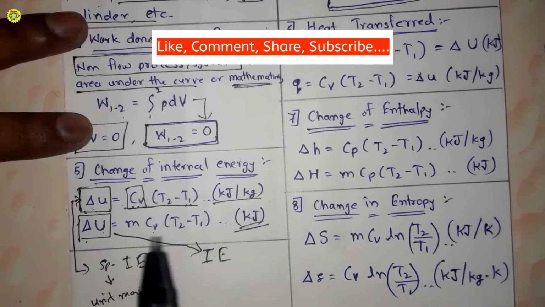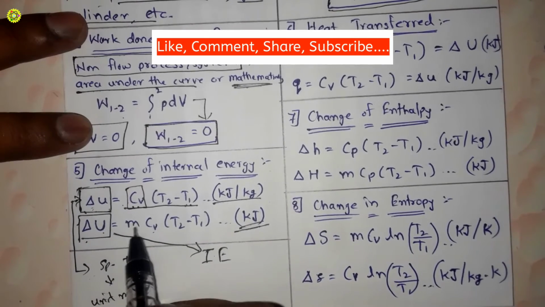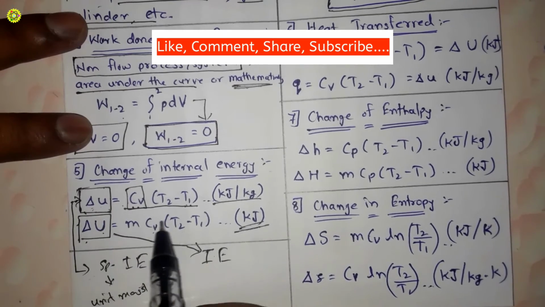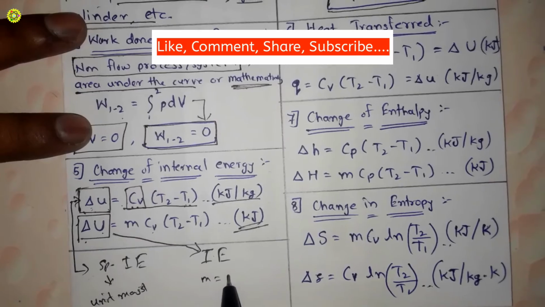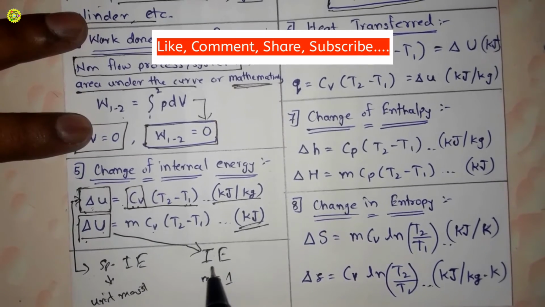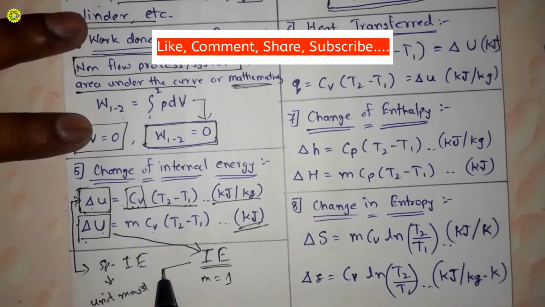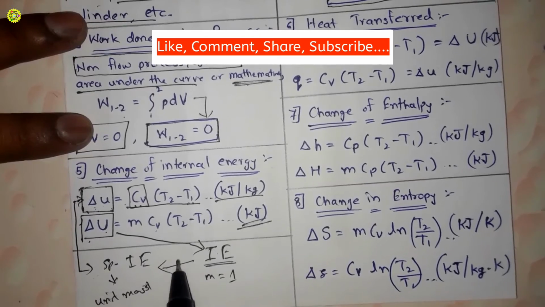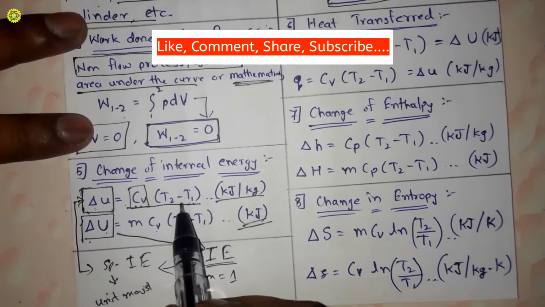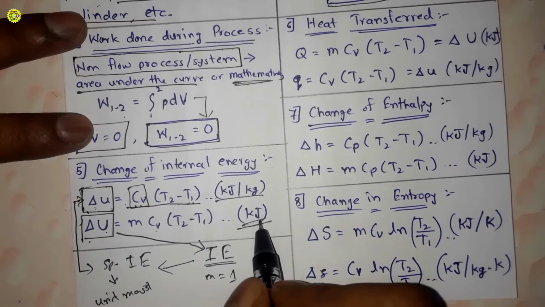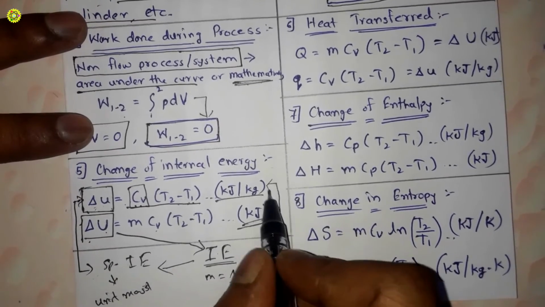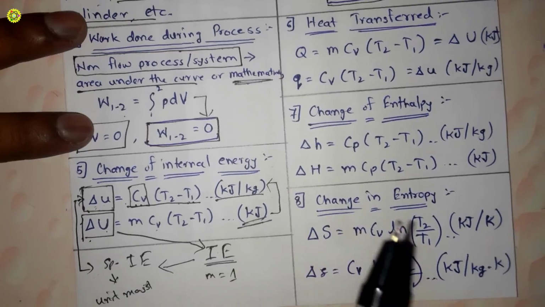That means when we put mass equal to 1 in the change in internal energy, we get specific internal energy, and because of this the kilojoule unit becomes kilojoule per kg.